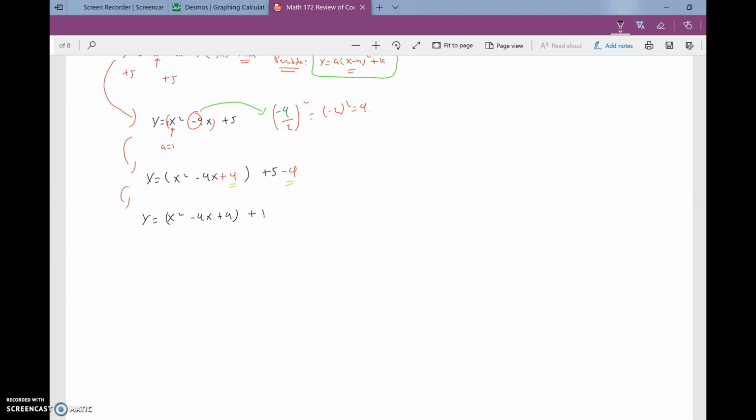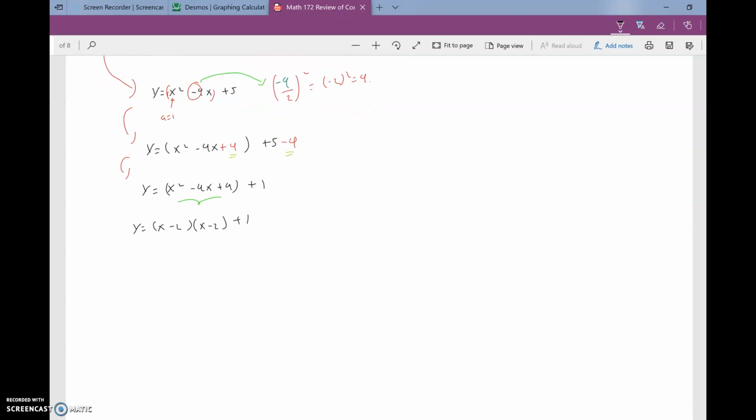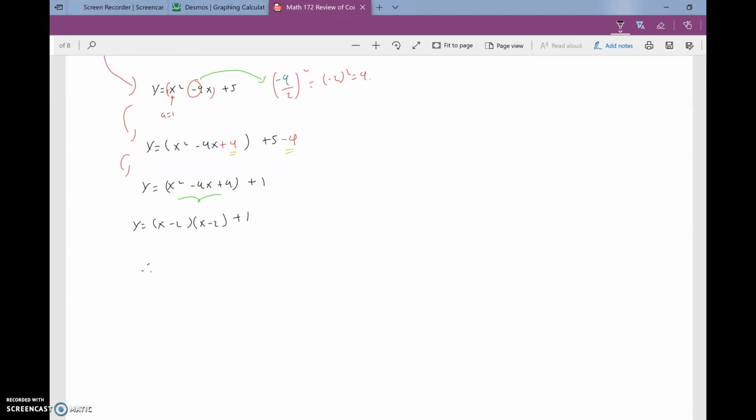The whole idea of completing the square is that this is now a perfect square, and it's actually going to factor as two identical quantities, x minus 2 and x minus 2, plus 1. Or in this case, y is equal to (x minus 2) squared plus 1.